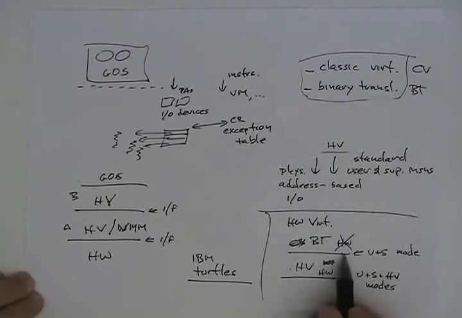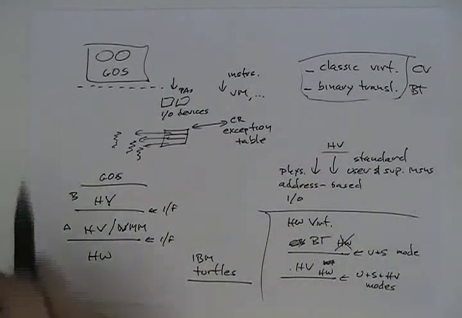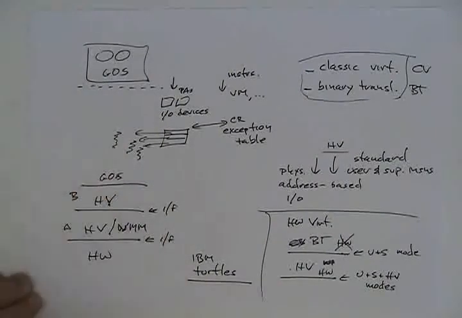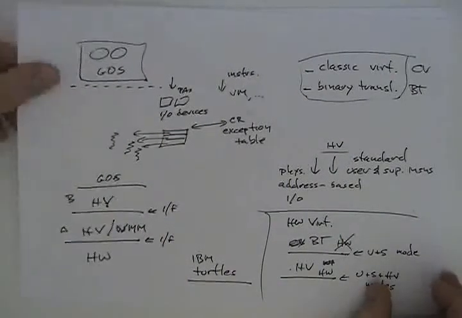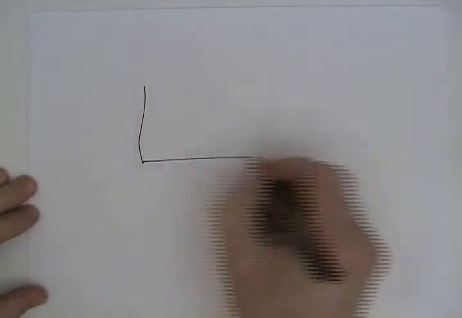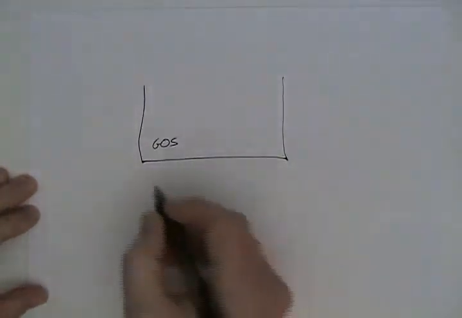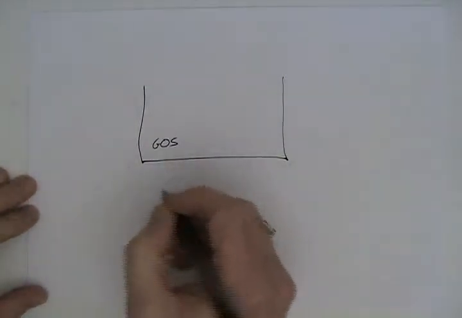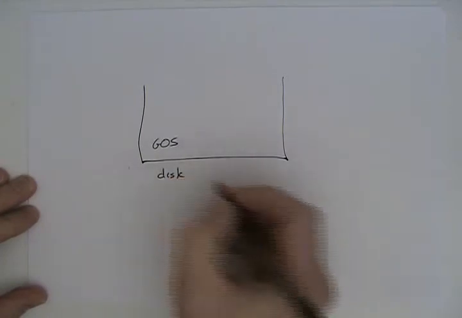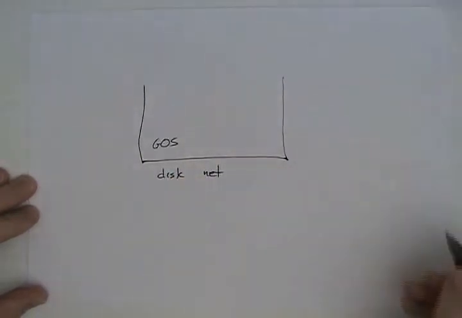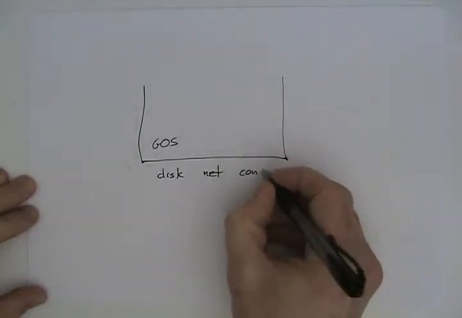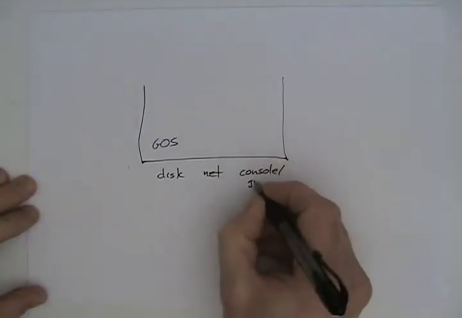The virtual hardware exposed by the hypervisor is just the virtual hardware needed by the guest OS. So I'll talk a bit more about that model. You've got a guest OS, and what it sees underneath is typically a disk, a network interface, and either console or graphics.